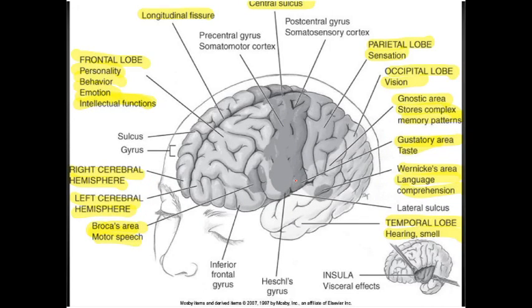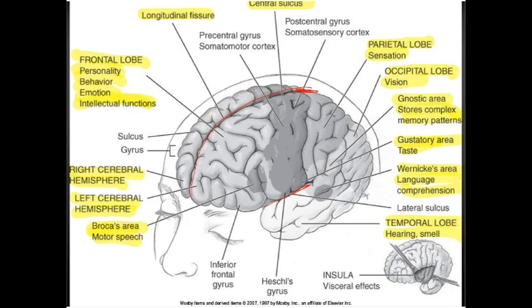So to kind of demonstrate this, we have a basic layout of the brain. So we have the lateral sulcus here. It's the longitudinal fissure.